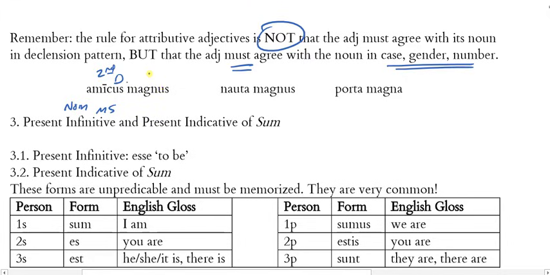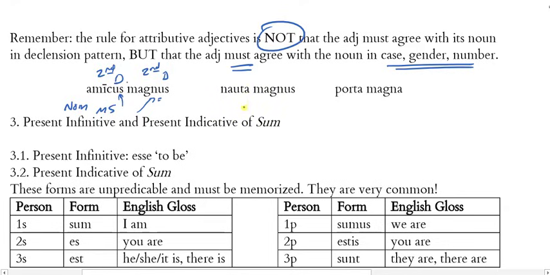And magnus likewise, because it's got a U here, that's second declension as well. So here, not only does amicus and magnus both match case, gender, number, they also happen to match the same declension pattern as well. But look at the second example.